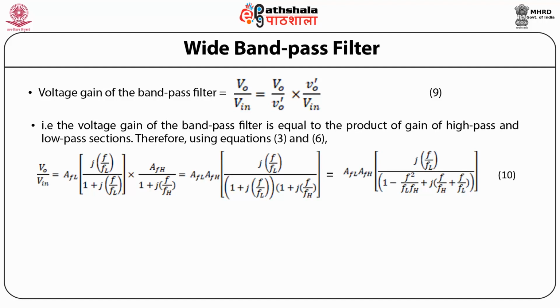Therefore, using equations 3 and 6, we have for the gain of low pass and high pass filter, as discussed in the previous module, V0 by Vin is equal to AFL into within the brackets j into f by fL divided by 1 plus j into f by fL, brackets close, into AFH divided by 1 plus j into f by fH.